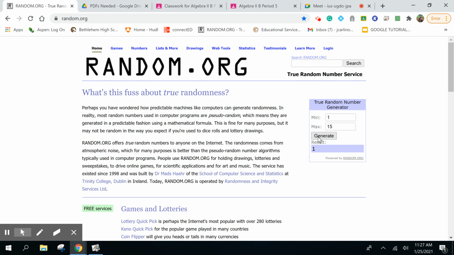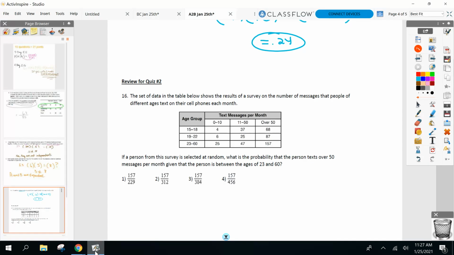That's it. How many people are between 23 and 60 here? 204? There you 204? 229. I think that's 229. Yeah, you all right? Got it. 229. Okay, redeem yourself, Bassett, now. Out of those 229, how many text over 50 messages? 157. There you go.